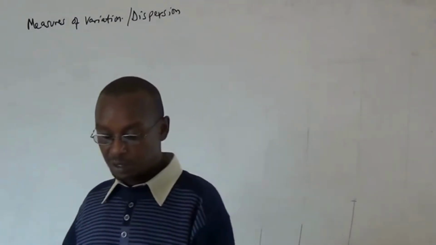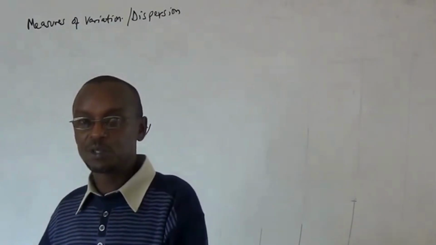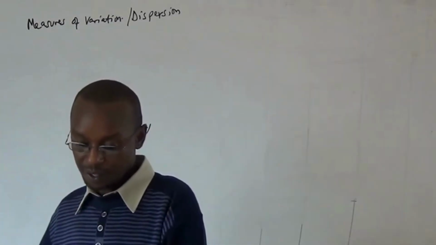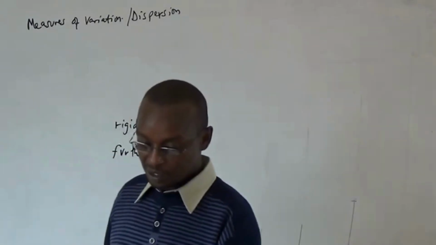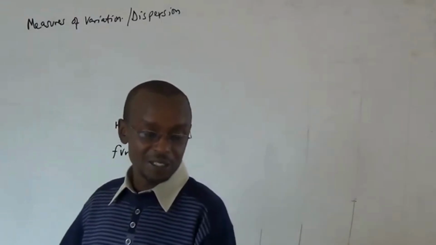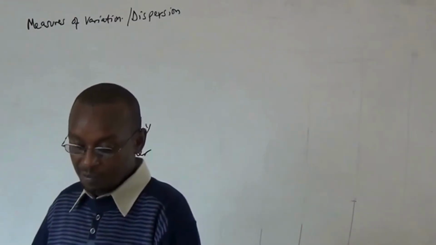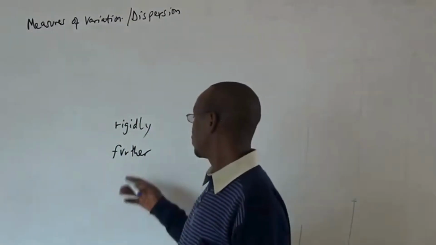Four, should be based on every observation of the distribution. Five, should be capable of further algebraic treatment. Number six, it should have sampling stability. And number seven, it should not be unduly affected by extreme observations.